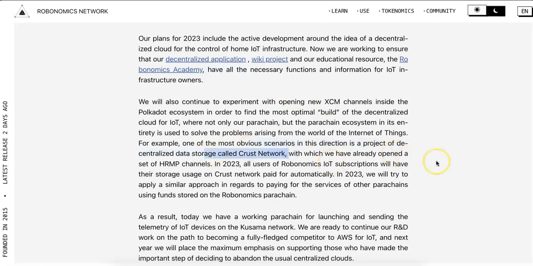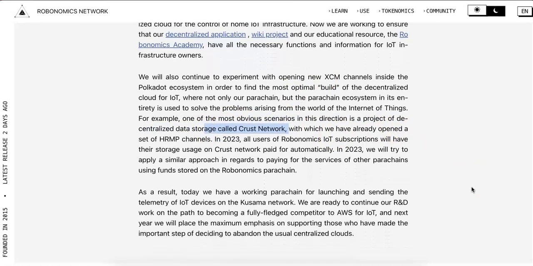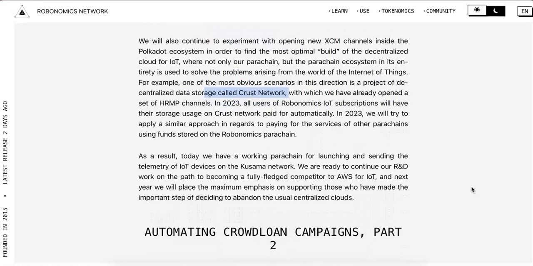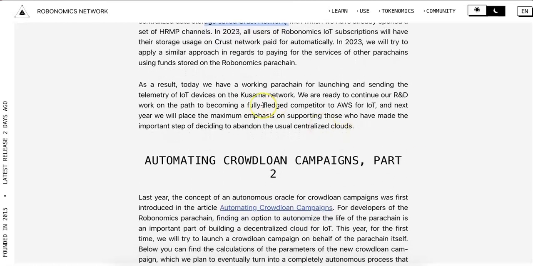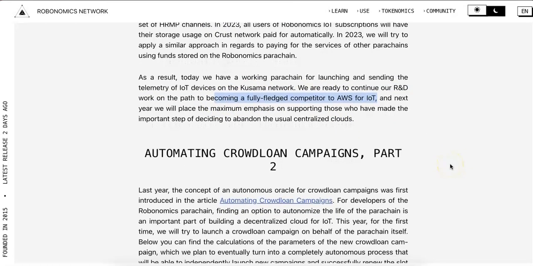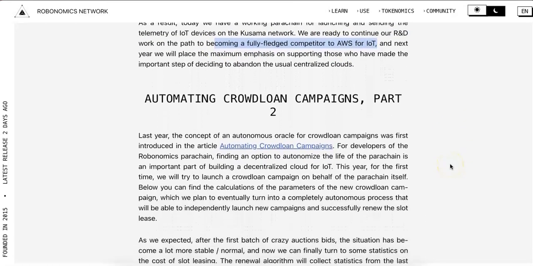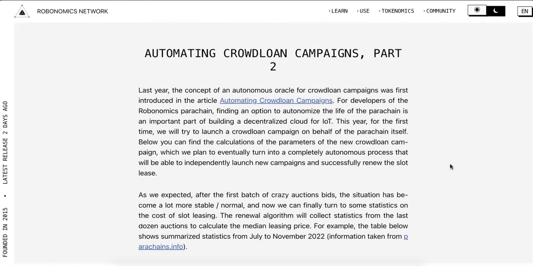They are going to use the decentralized data storage Crust Network. Crust Network is also a parachain on Polkadot. They just won the slot as well, and they are going to compete with AWS for the IoT.